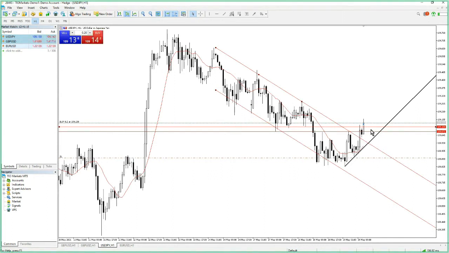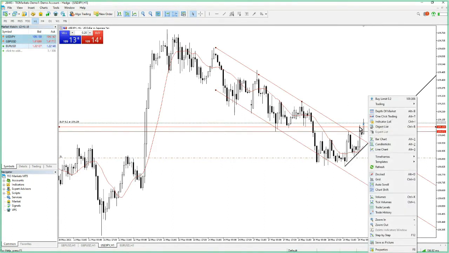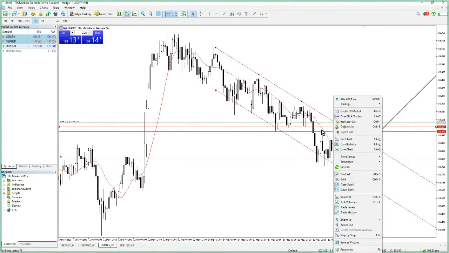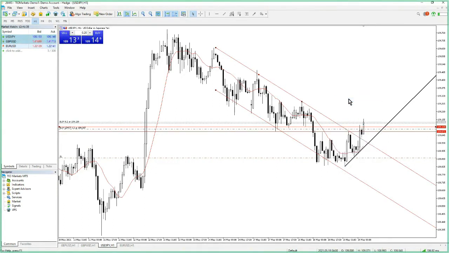So let's have another order here. And what I'm doing, I'm right clicking inside this zone that we noticed. We go to trading and we choose buy limit. Alternatively, you can just click here, and it places a buy limit there.